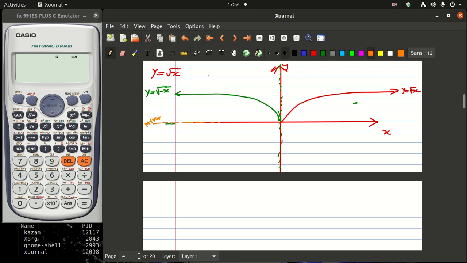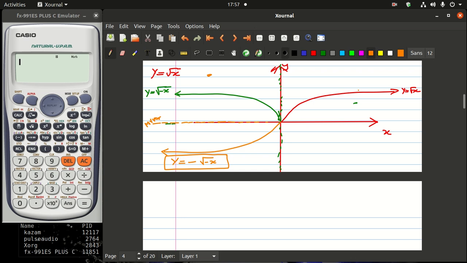So when I am standing somewhere here and I look into this mirror and look at the image of this, we'll find out that the image will look something like this. So this one here is y is equal to minus the square root of minus x. This will be the reflection across the origin of this curve here.